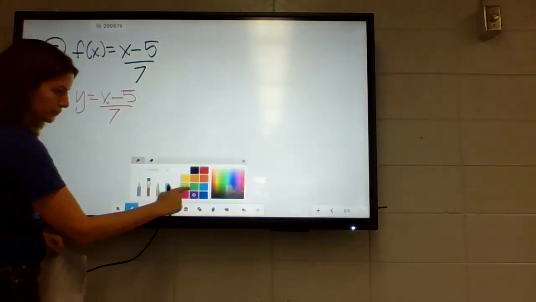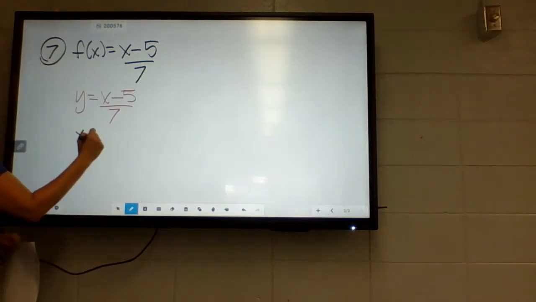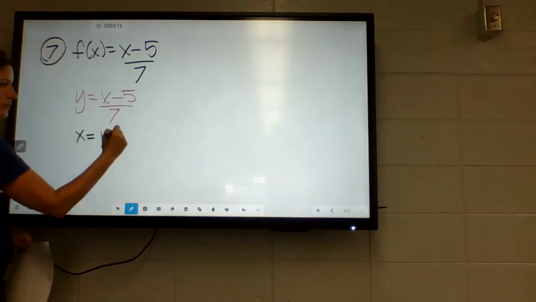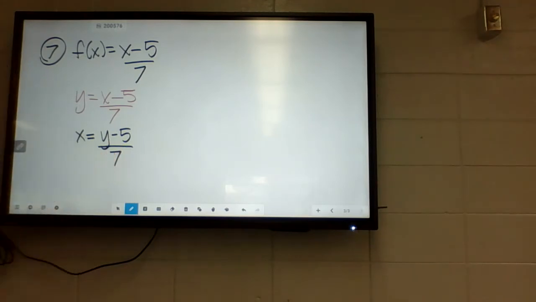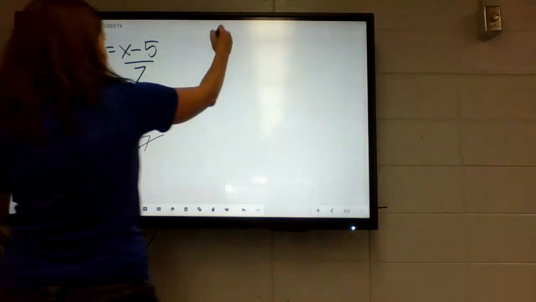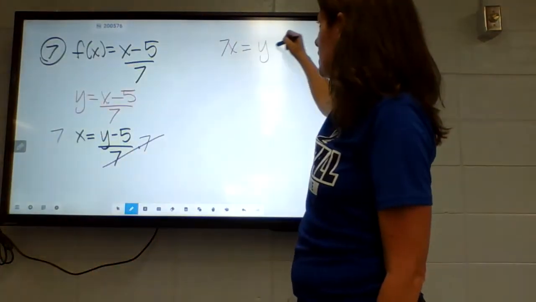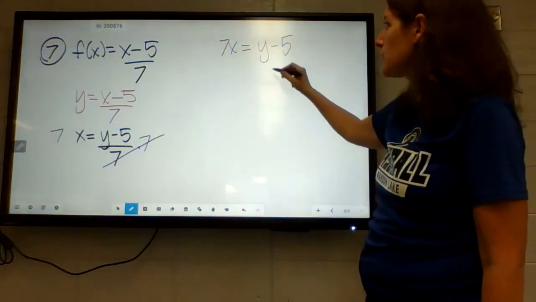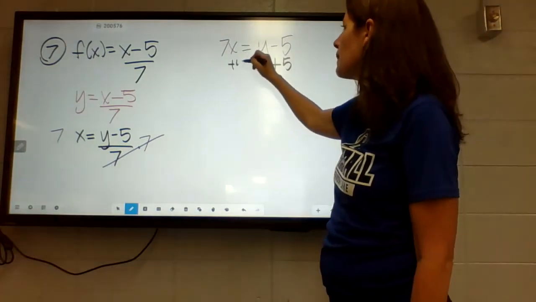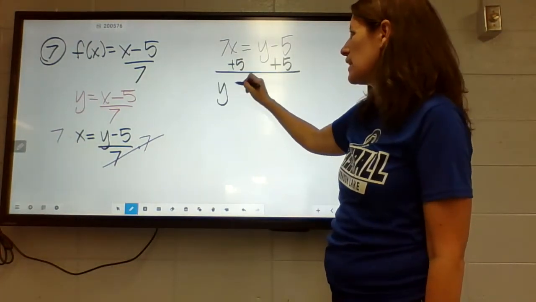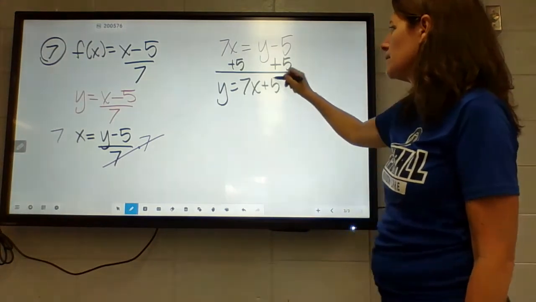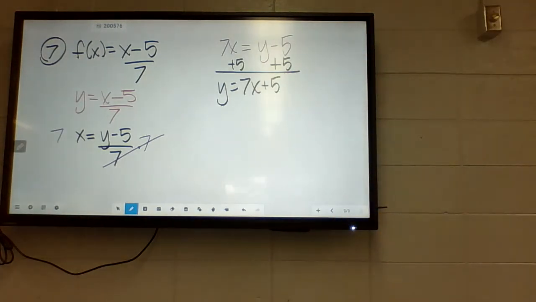So this is what my new one looks like, and now I have to solve this. So I'm going to start off by multiplying by 7 because that's being divided by 7. So I get 7x equals y minus 5, and then again I'm just solving for y. So this would be considered the inverse. So just being able to rewrite that.